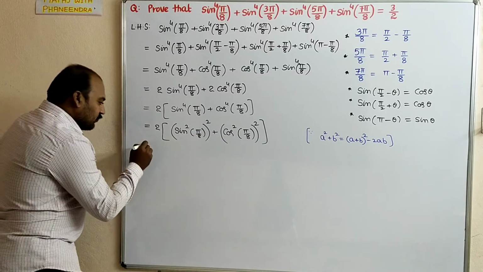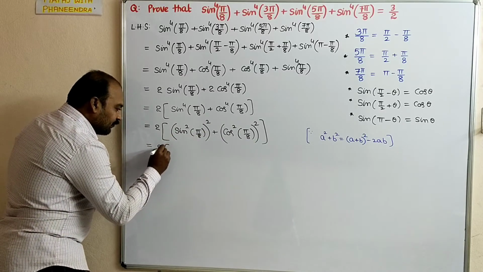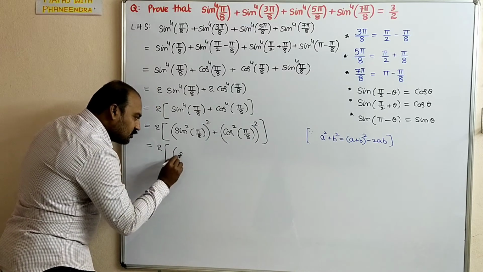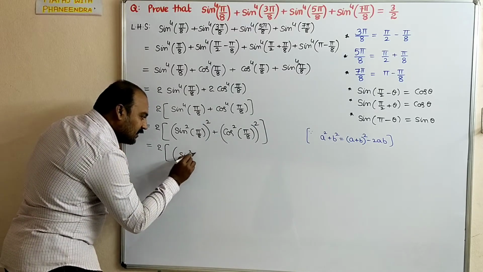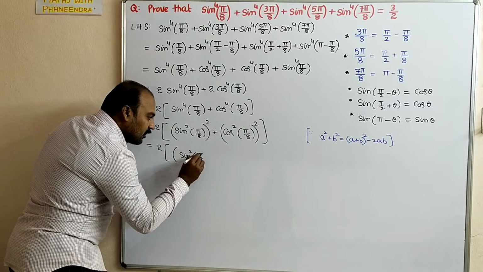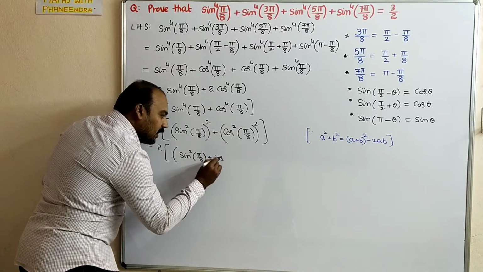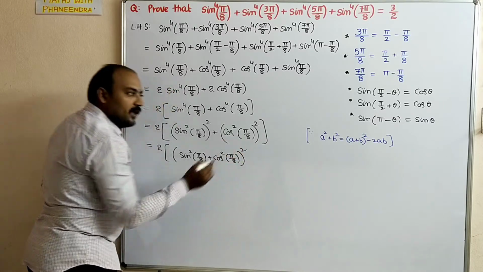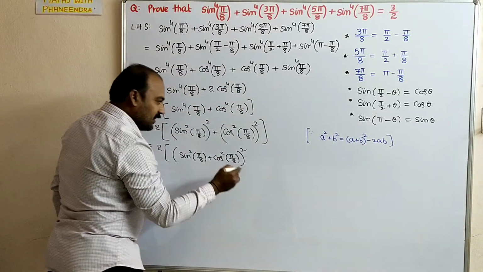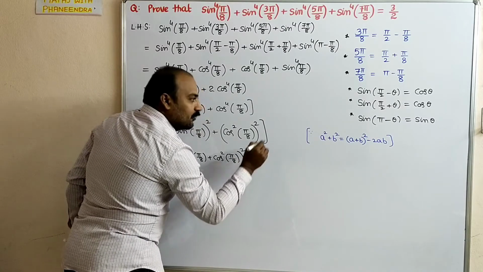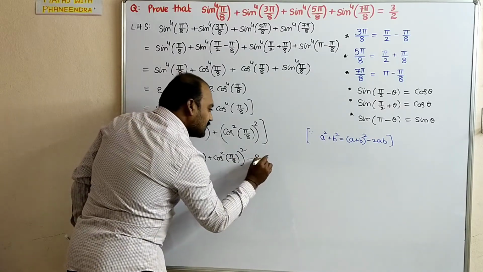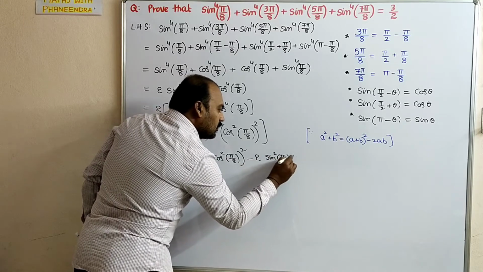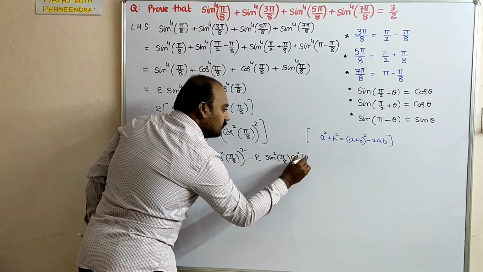So A square plus B square we can write as A plus B whole square, that is sin square pi by 8 plus cos square pi by 8 whole square, minus 2 times AB. A value is sin square pi by 8 into cos square pi by 8.